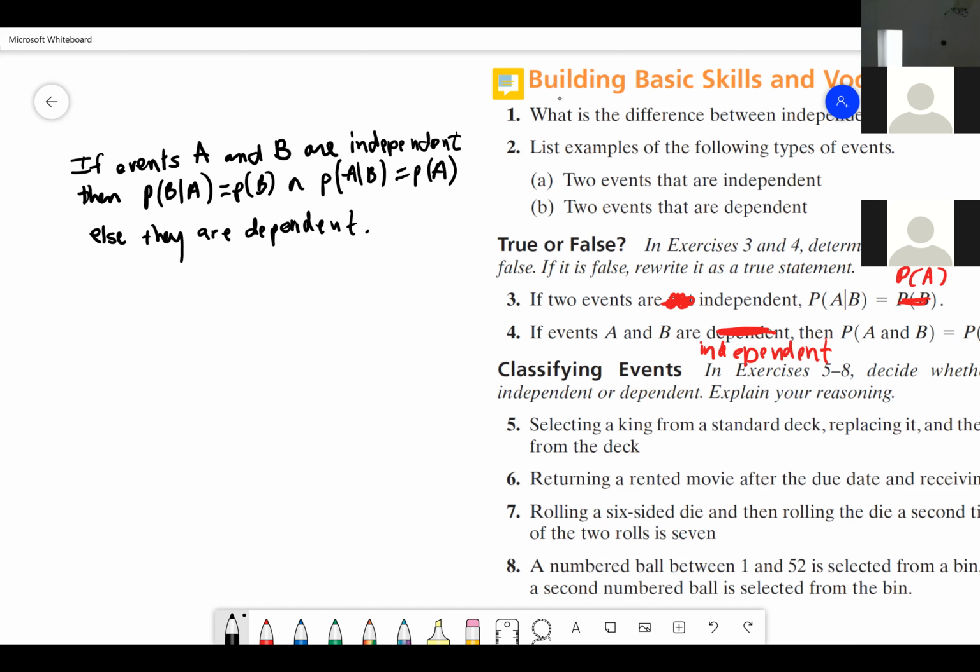All right, so let's talk about the second rule. It's called the multiplication rule. Here's the multiplication rule.